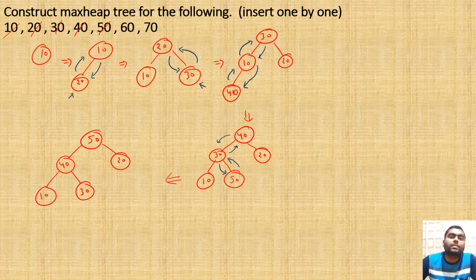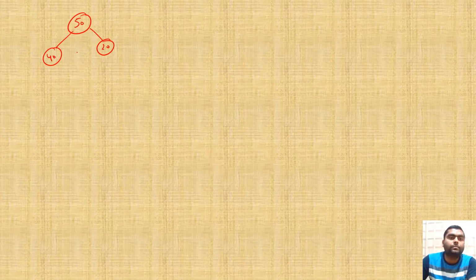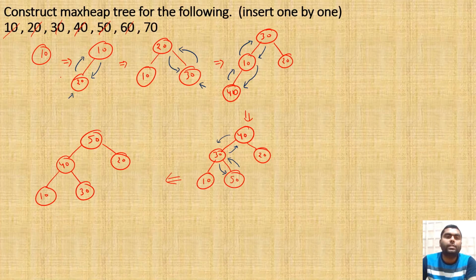Okay, now the next value to be inserted was 60. So just do it on the next page. 50, 40, 20, then 10, 30. The same case will be in a min heap also, where we have to maintain the minimum.